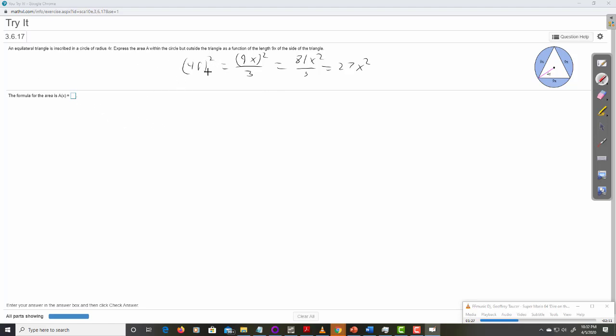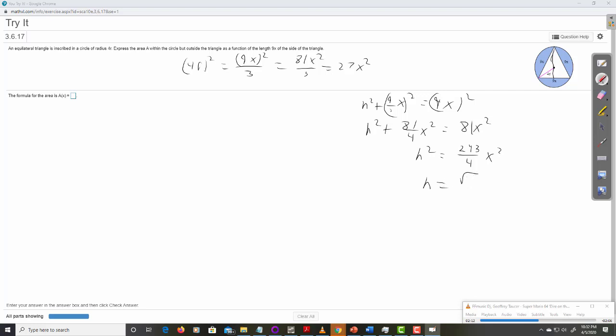So then, express the area within the circle but outside the triangle. Alright, area of the triangle. Well, easy enough to do. Just find the height by doing the Pythagorean theorem. h squared plus 9 over 2 x squared equals 9x squared. So that's h squared plus 81 over 4 x squared equals 81x squared. Subtract that over. 3 times 81 is 243, so that's 243 over 4 x squared equals h squared.